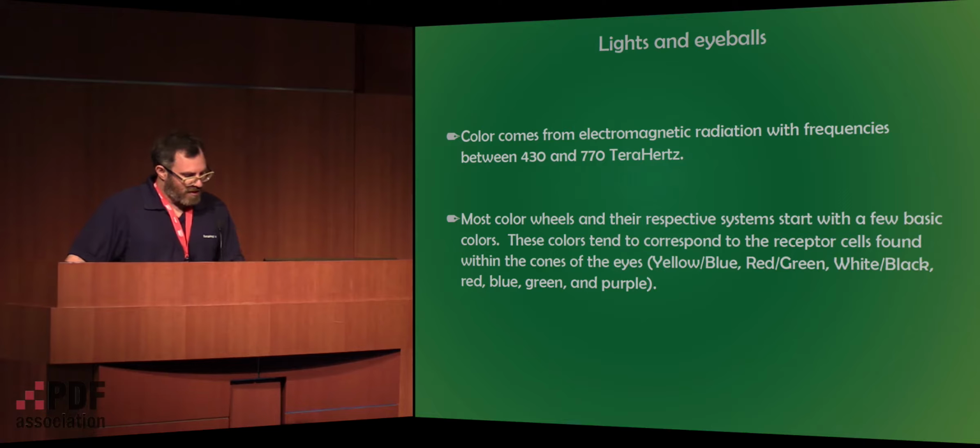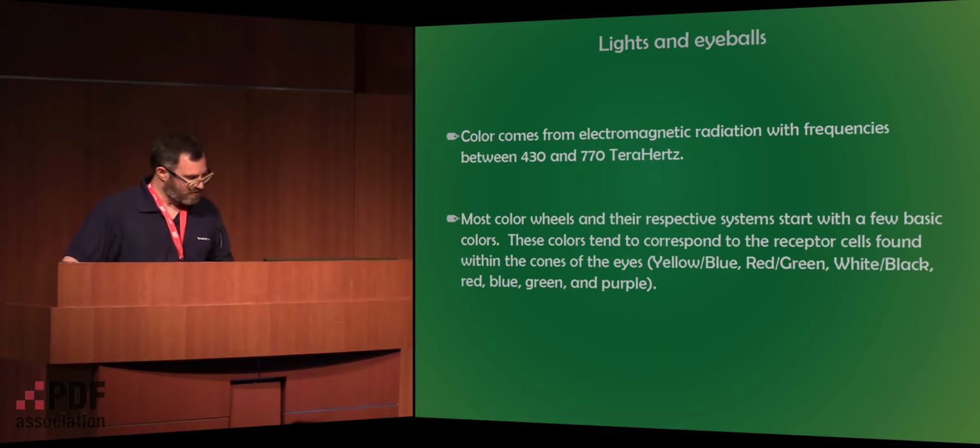But it's basically our eyes that allow us to see color, and you have different cones in your eyes that perceive different colors. You have cones for red, green, and blue, and by mixing primary colors that involve those, you can recreate most of the color spectrum.